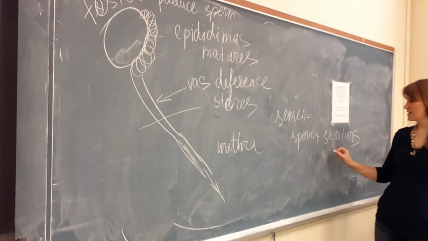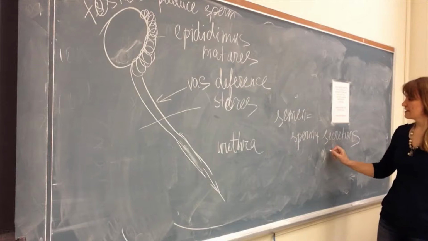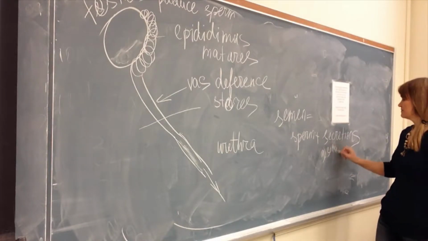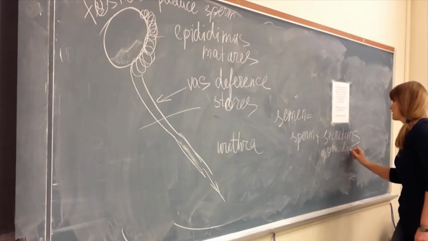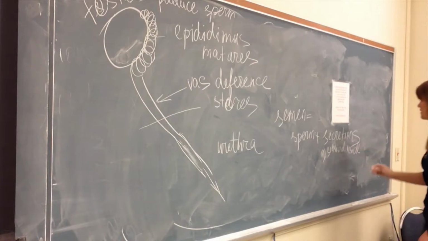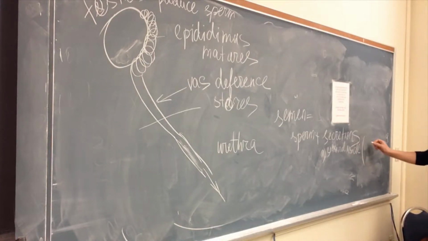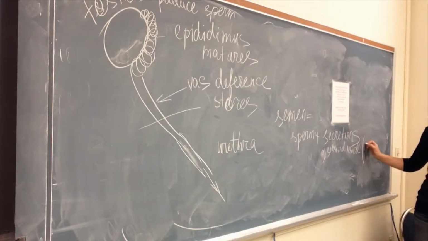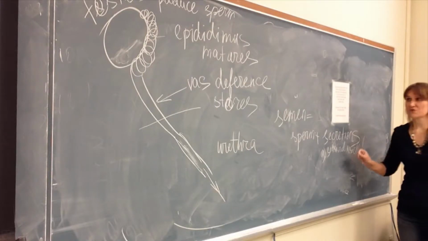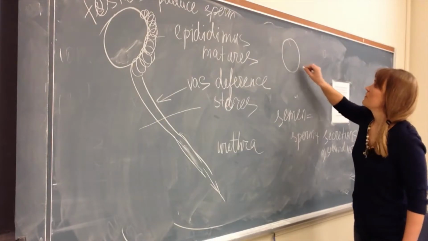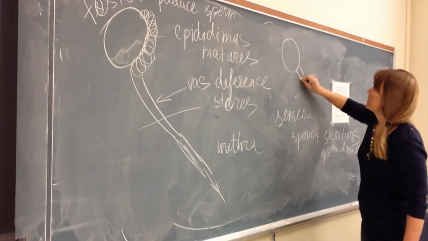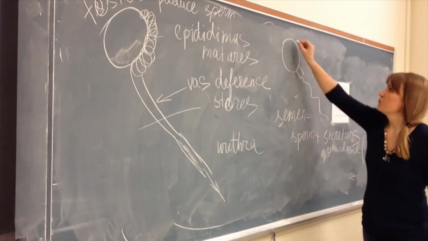Secretions will come from three glands: A, the seminal vesicle. It's a sugary solution of glucose because sperm will use it for energy to move.